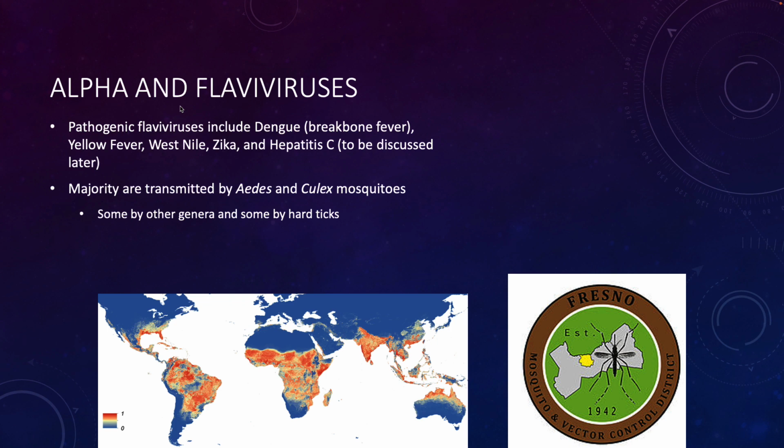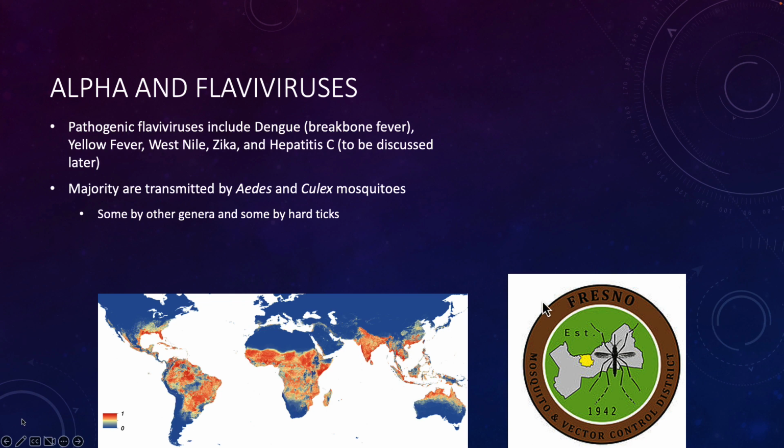the genus Aedes, like Aedes aegypti, which is a really dangerous mosquito to have around, and also Culex mosquitoes. There are some that are transmitted by other genera of mosquitoes and some that are transmitted by hard ticks. Here you're looking at the range of some of these pathogenic flaviviruses like yellow fever or even potentially dengue because of the range of the mosquitoes that can transmit them.